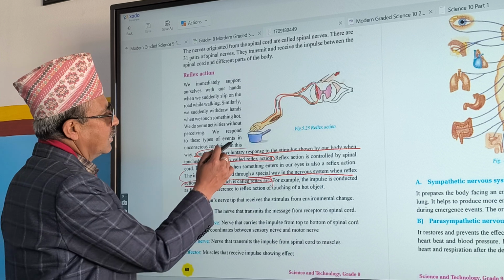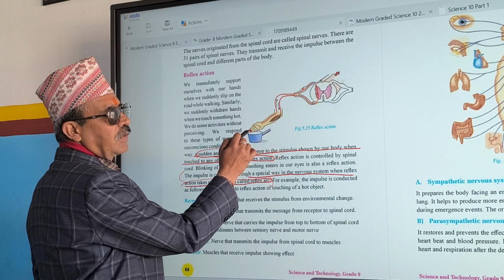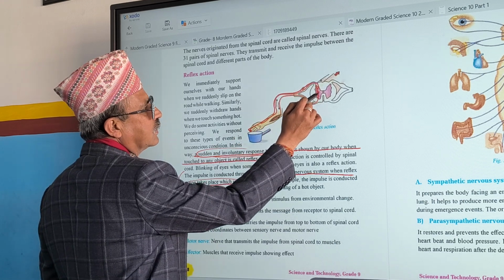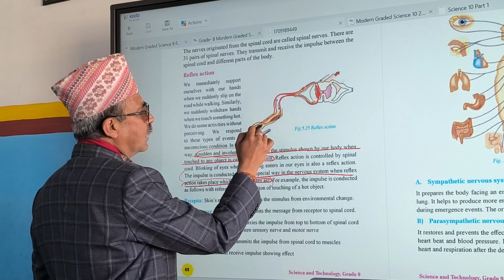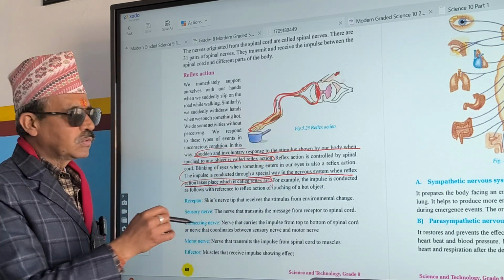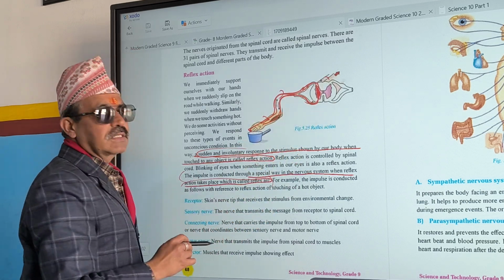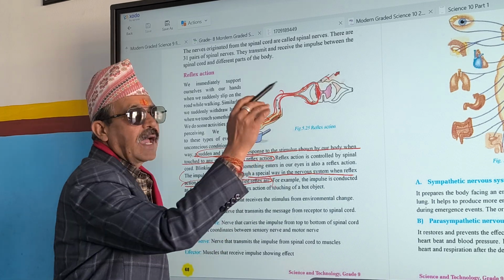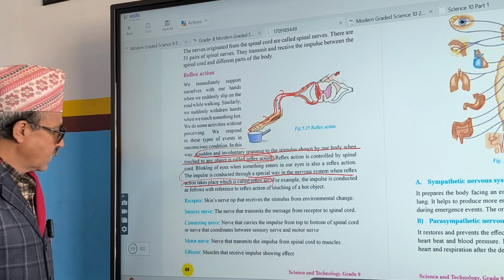While touching a hot body, the fingertip receives the hotness, it goes to the spinal cord, and comes back, and we show the response. This way is called reflex arc. Path is reflex arc, and the activity done is reflex action.